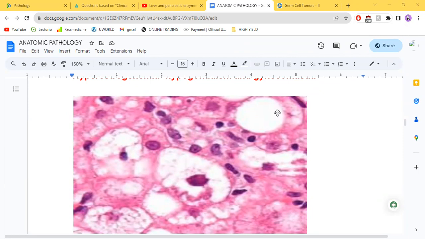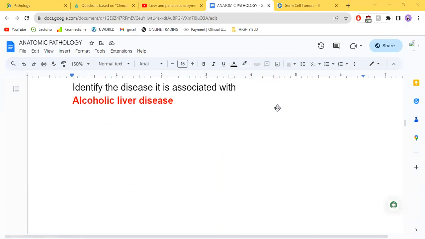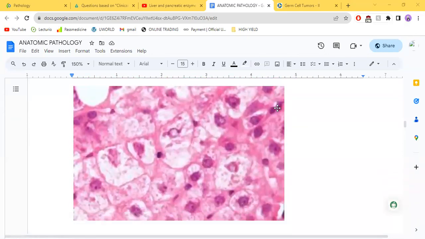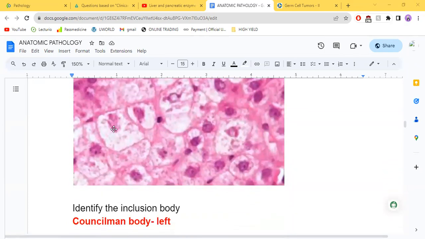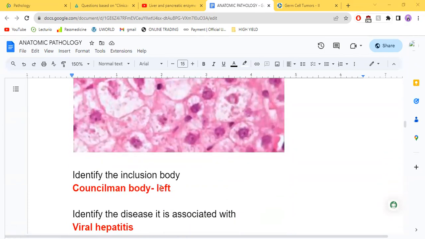So when you have a white inclusion at the top right hand of the picture, that is Mallory-Denk. But if this white space is at the left side, that is Councilman bodies. That's why Nate has put that in the chat box.